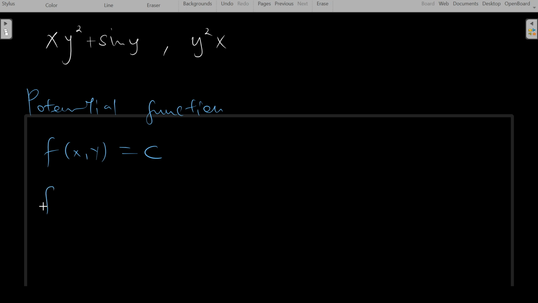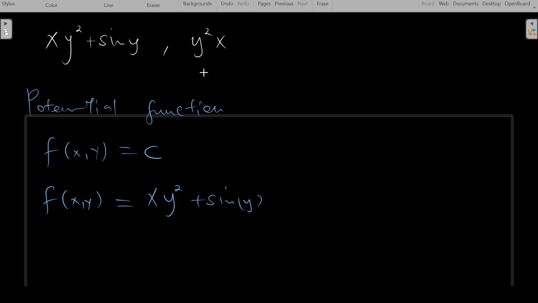Now f of x, y is just me writing all the terms only appearing once. So I'll write x y squared plus sine of y.